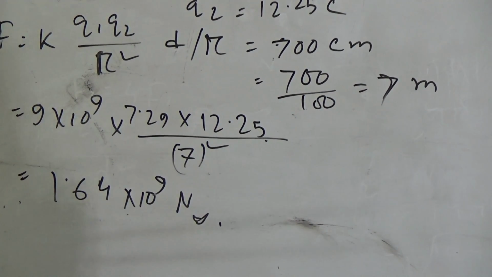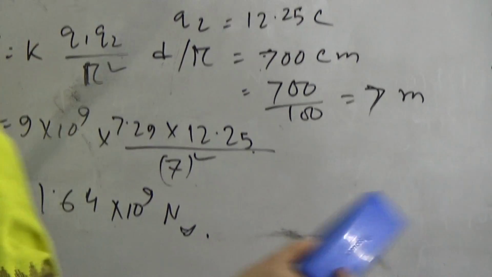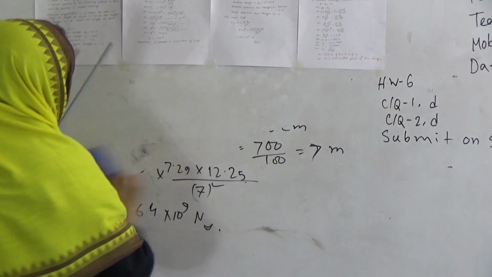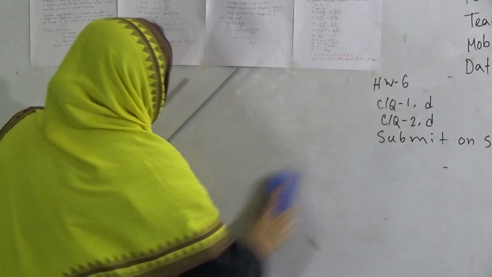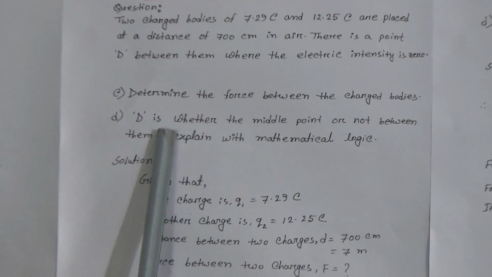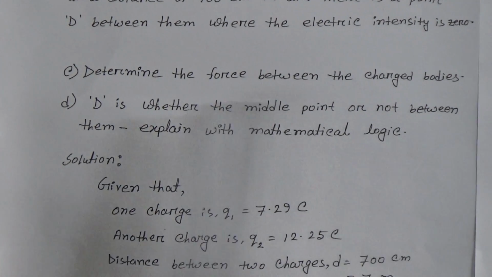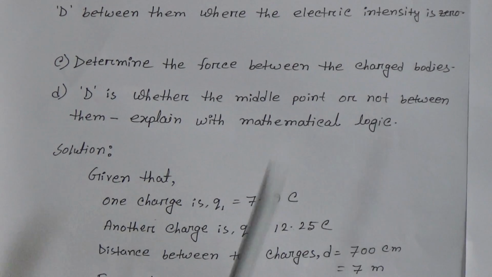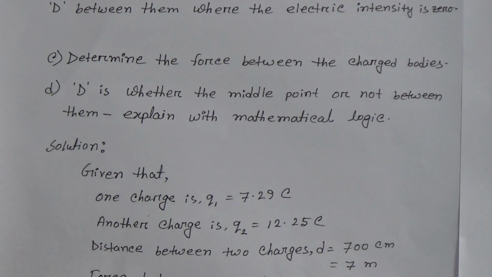Now we will solve question number D. D is very important. See, D asks whether it is the middle point between them or not. Explain with mathematical logic. So my dear students, first we will draw a figure.